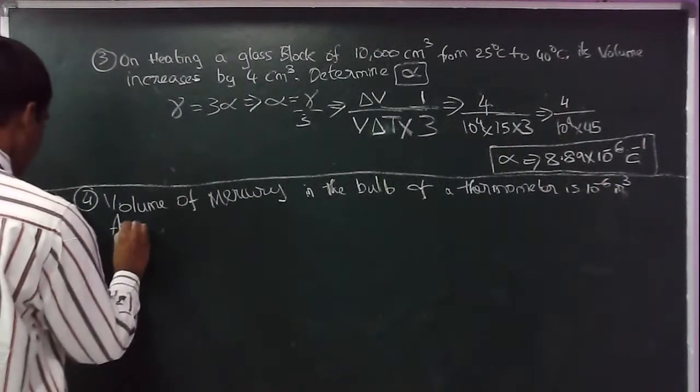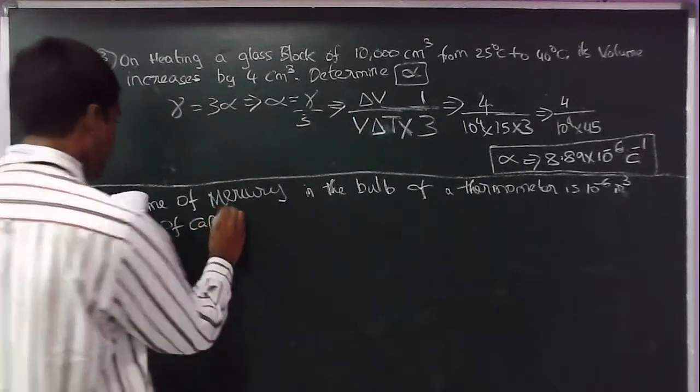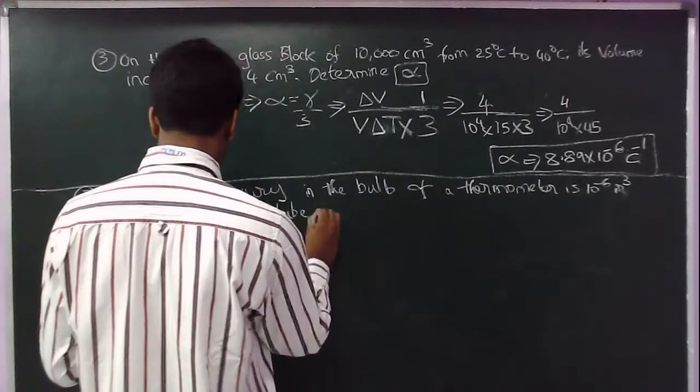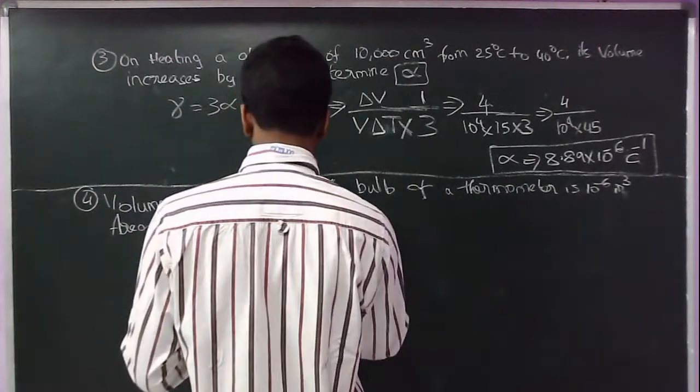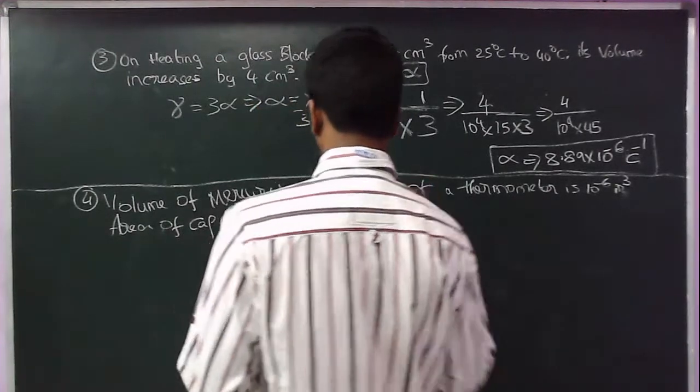The area of capillary tube is 2 into 10 to the power of minus 7 meter square.